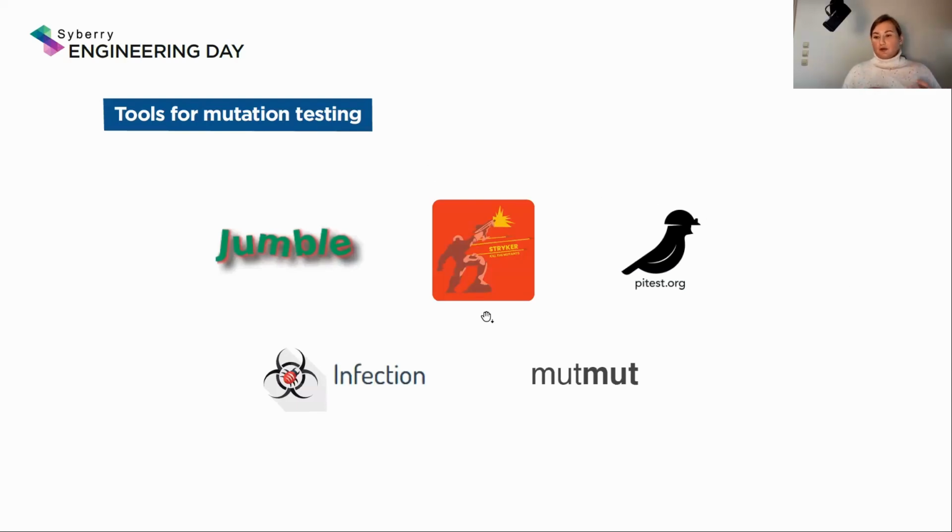Stryker can be used for JavaScript, TypeScript, Mutmut for Python, Infection for PHP, and there are many more. So depending on the language you use and the project needs, you can for sure find something which would suit and help you on your project to ensure and improve the quality of your tests.